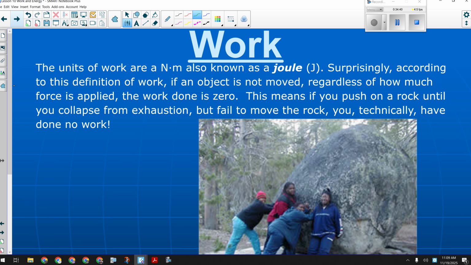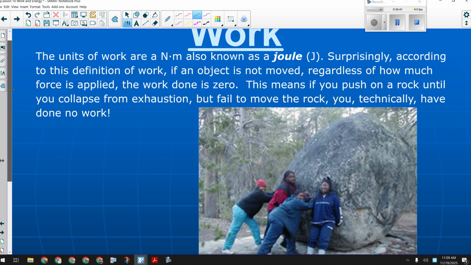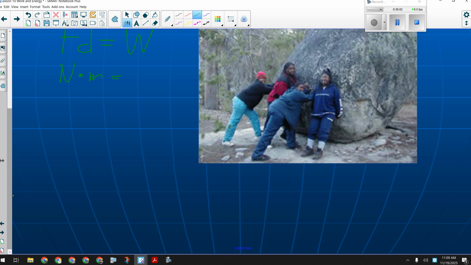Now, units for work are a newton meter. After all, force times distance equals work. So force is in newtons, times distance in meters, that's going to be a newton meter. Well, they can break down further than that, can't they? Because a newton is actually a kilogram meter per second squared.